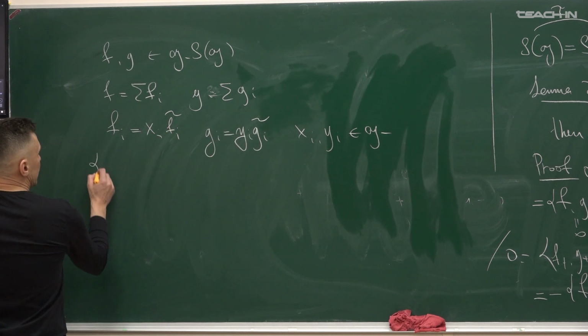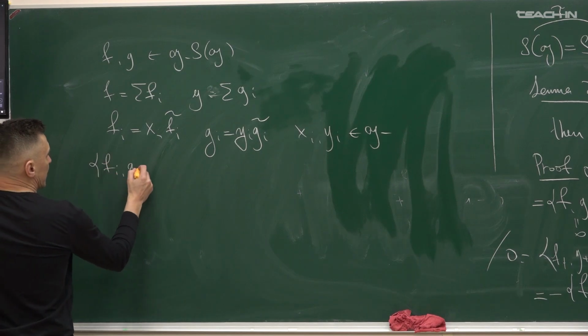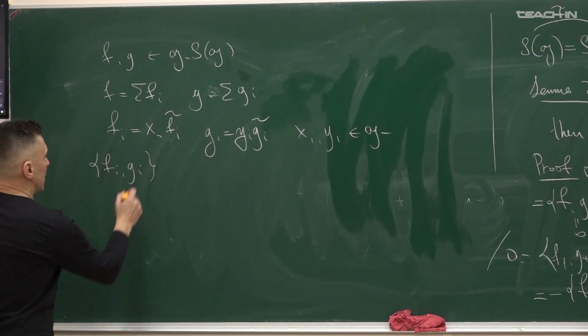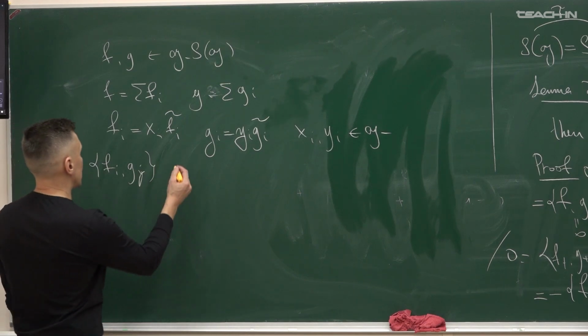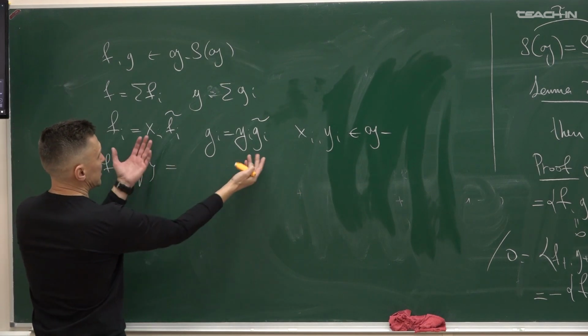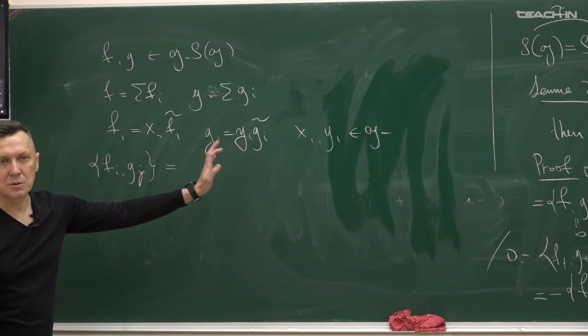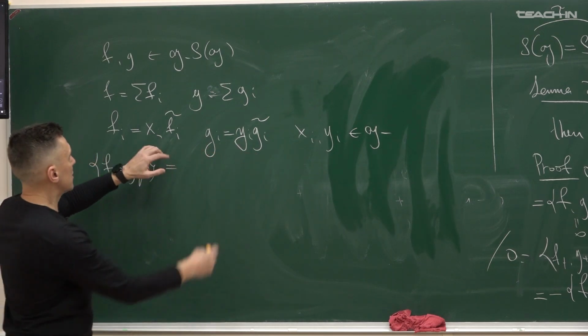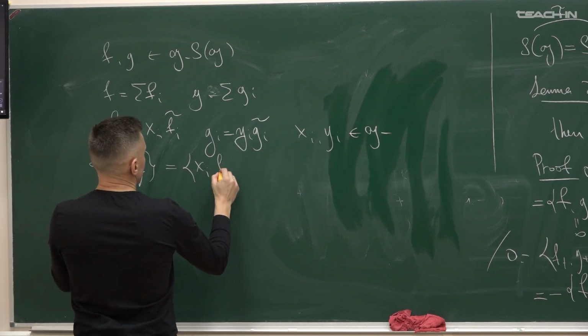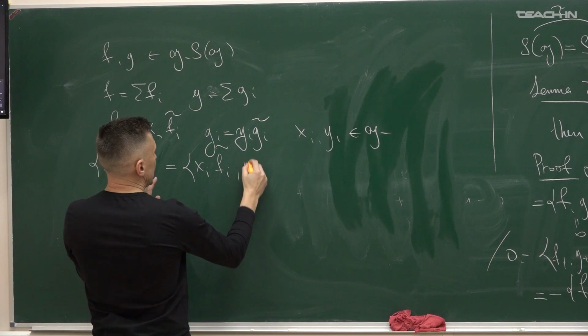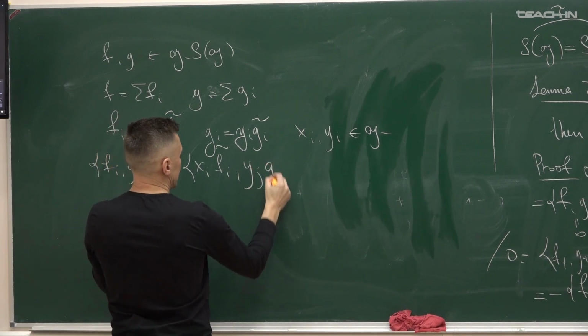And it means that if we calculate the Poisson bracket of such elements, just by the Leibniz rule, I calculate the Poisson bracket of each element with each. Let me write it. If it is not obvious, it is better to write.